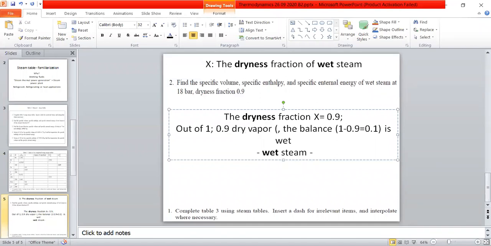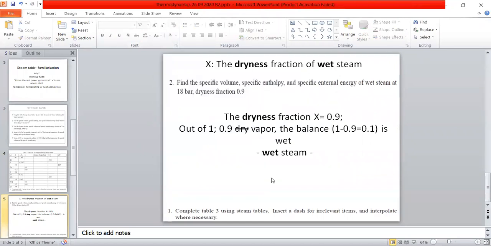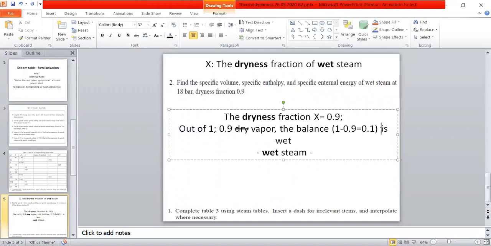For steam, the gas form of steam we call vapor. The balance is wet, meaning the balance 0.1.